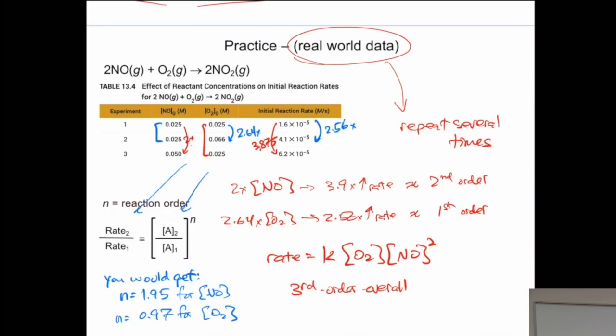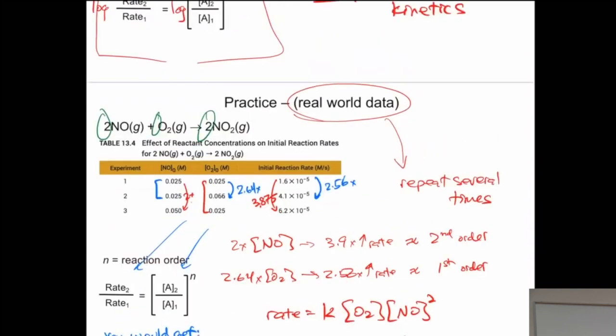So notice that we're doing all of this, we're ignoring the coefficients of our balanced equation. Because what did I say at the beginning? You can't tell what's going on with the rate. The molar stoichiometry, the balancing, that tells you the molar ratios of how things react in their proportions. And that's what we did earlier in Gen Chem. But they tell you nothing.